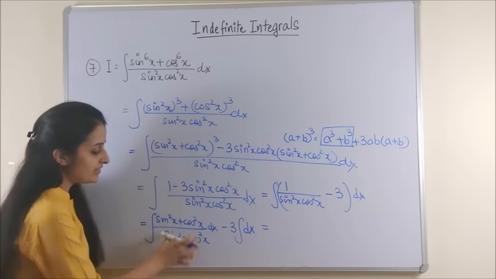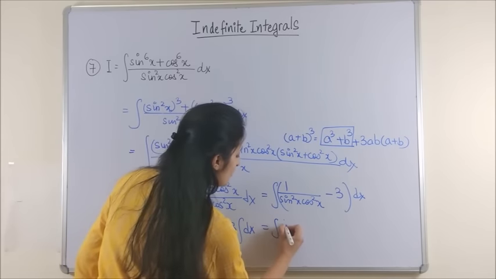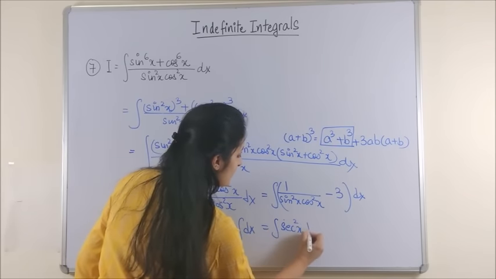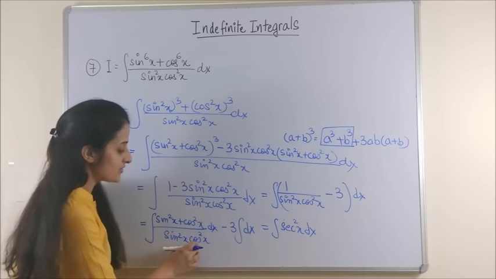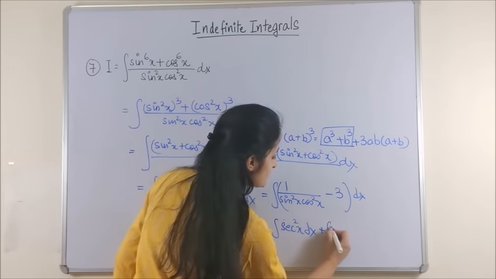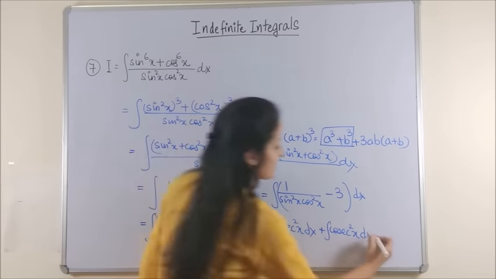When I separate these terms out, we would be left with 1 upon cos square x, which is secant square x, and cos square x upon sin square x, cos square x will give us cosecant square x, and this 3 stays as it is.